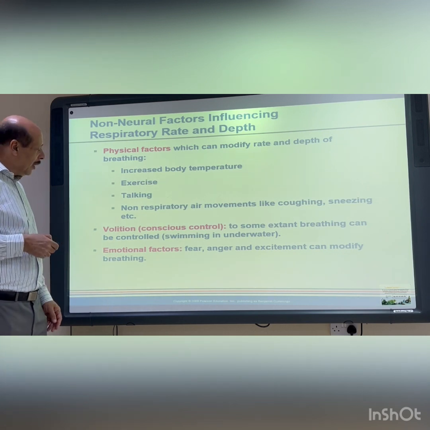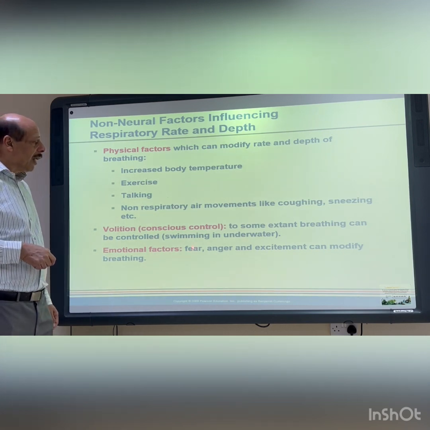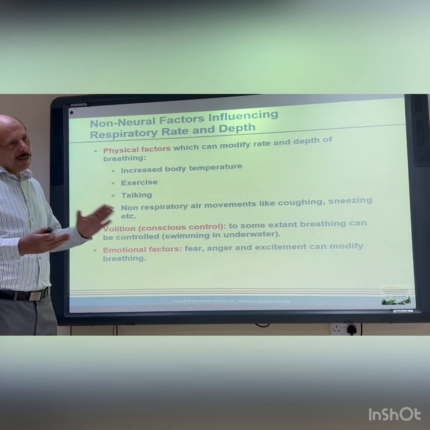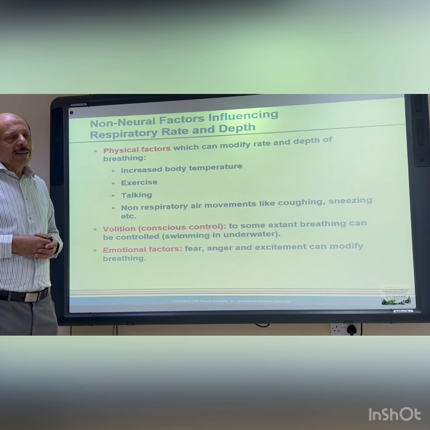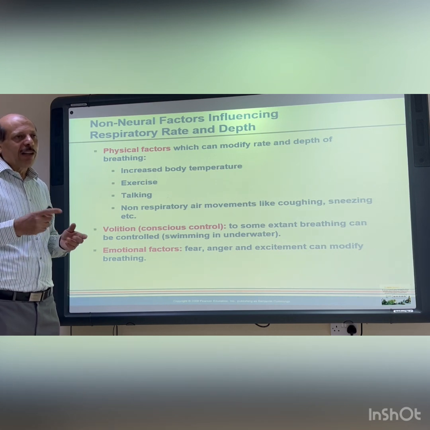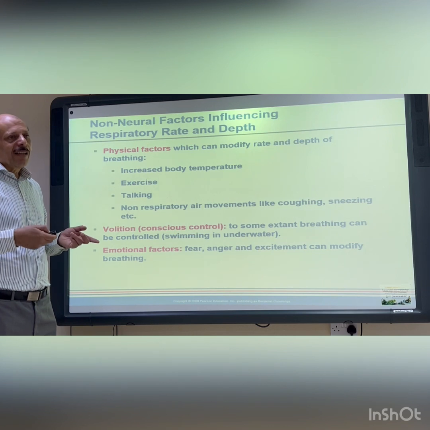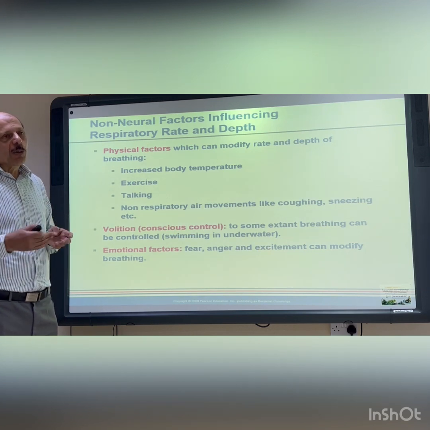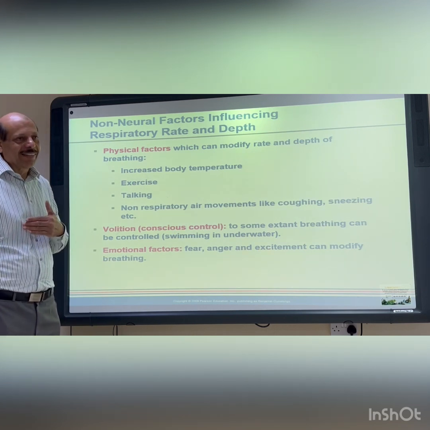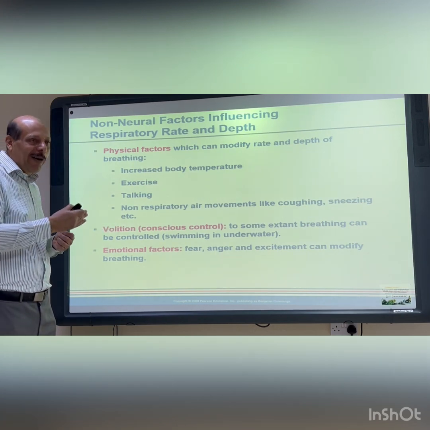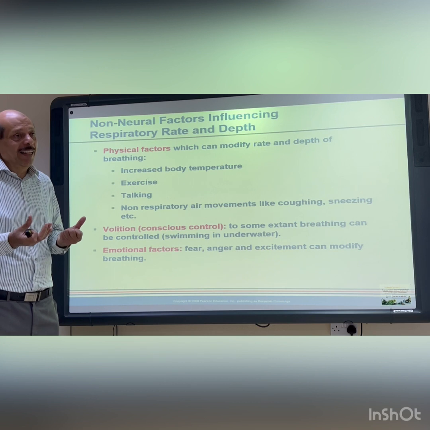We also have emotional factors, like fear. When fear is there, it is related to hormonal changes, which lead to fight or flight. If you want to fight or run away, both need energy.